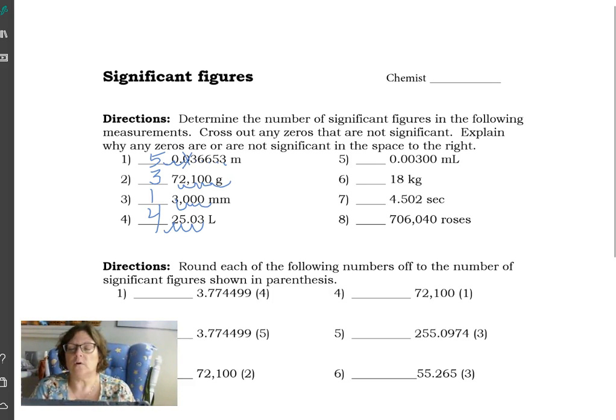This was an interesting one. Decimal is present, so we start from the Pacific side. 1, 2, 3. These zeros are placeholders. These zeros tell how precise the measurement was. That one has 2, that one has 4, no decimal, 1, 2, 3, 4, 5.